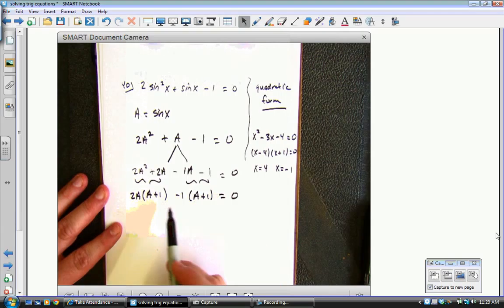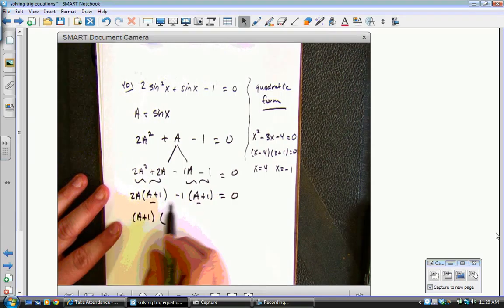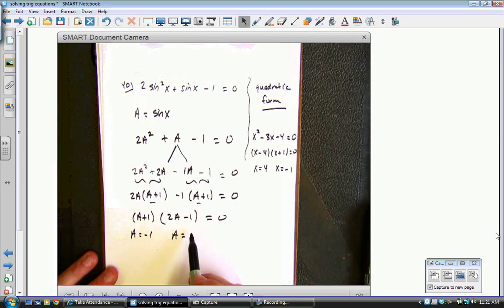Same thing. And now I can factor out the a plus 1, and that'll leave me with 2a minus 1. So we'll get a to be equal to negative 1, and then what about this one? Right.